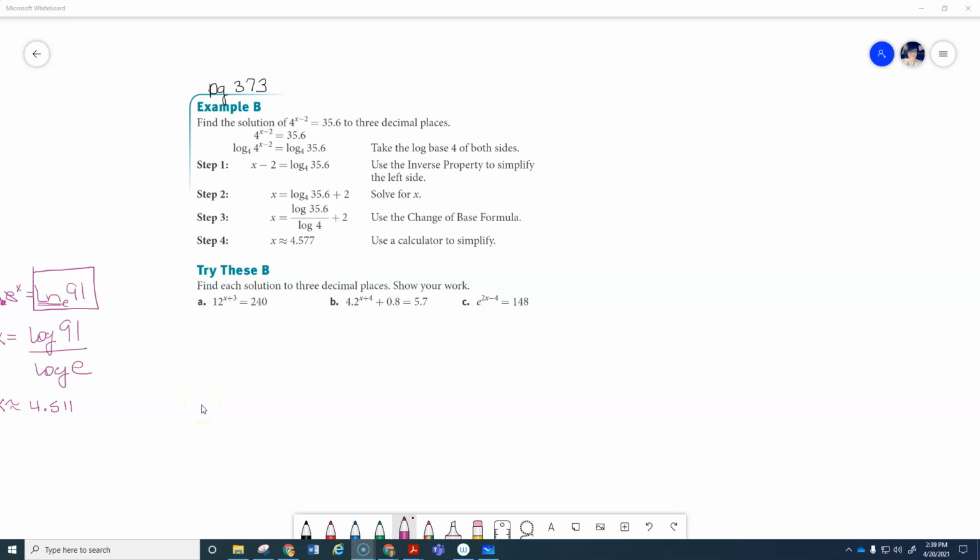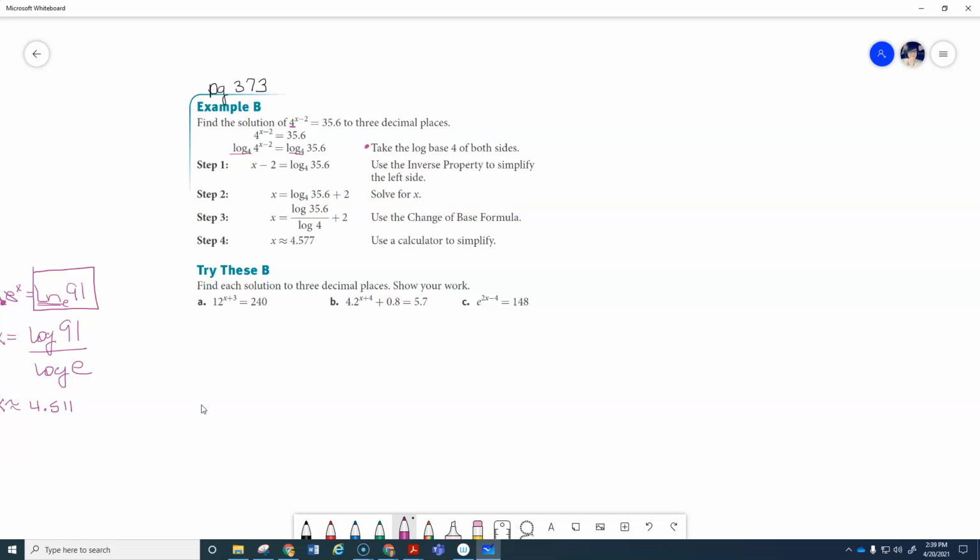So again, the same kind of process is happening in the notes right here. They start the first process by logging both sides because the exponential is a base 4. They put log base 4 on both sides.